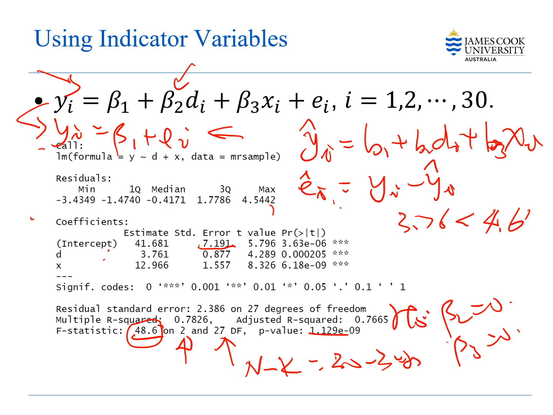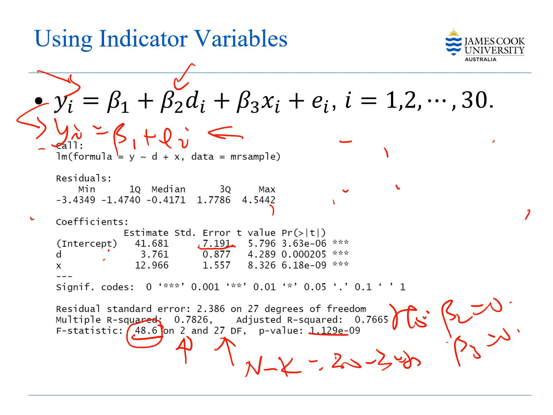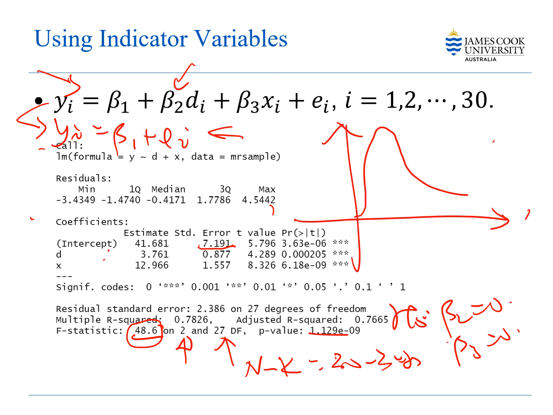P-value. So the p-value is, in the F distribution, 48.6 is the sample value of our test statistic.